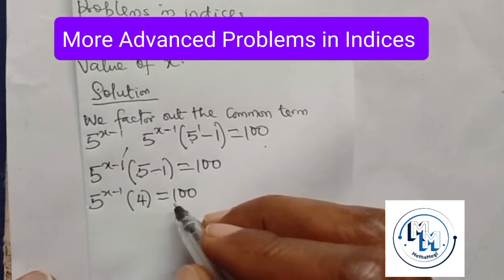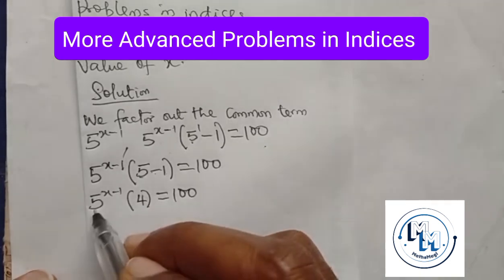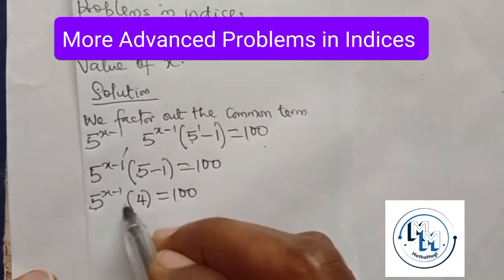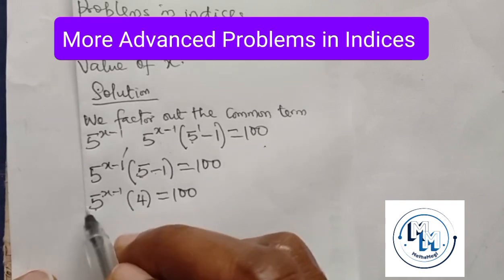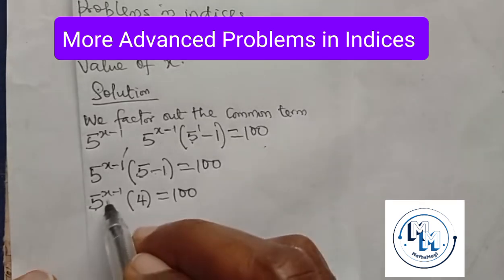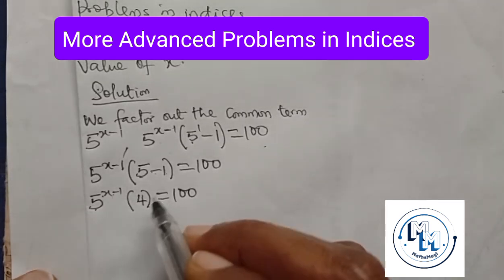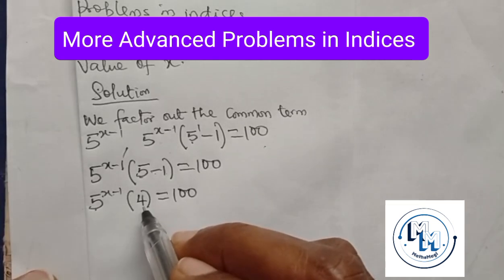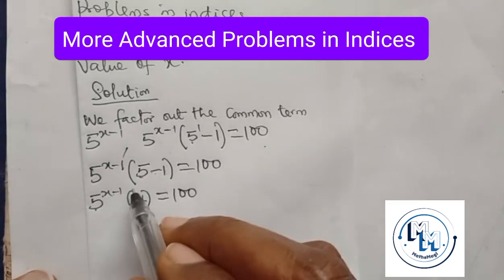At this point, this thing here means 5 power x minus 1 times 4. So let's assume this 4 here in the brackets to be the coefficient of this 5 power x minus 1.